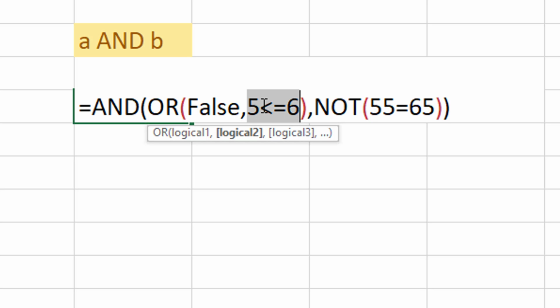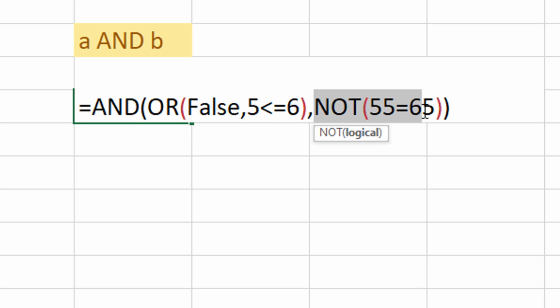So we have false and true, and OR returns true if either one is true. So this half of AND is true. And over here, 55 equals 65, well it doesn't, but if we are doing the opposite of that, that makes this one true as well. And so because AND needs both sides to be true, if I press enter, hopefully this will give us true, which it does. That's a relief, because both arguments were true in this case.